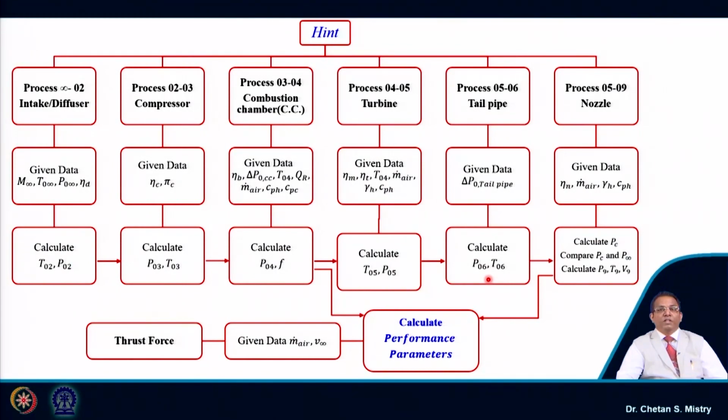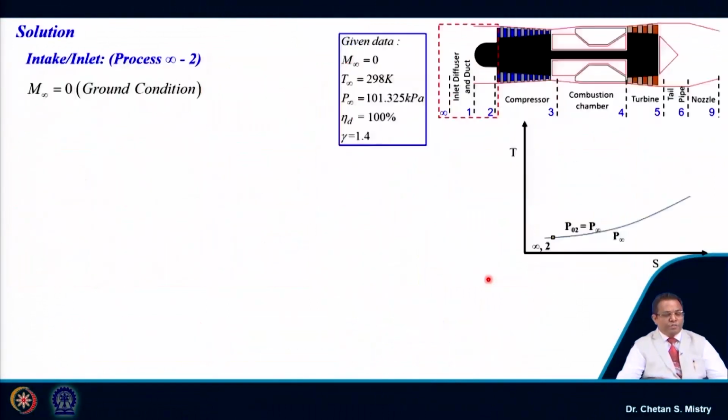Based on all this information, we will calculate the exit velocity from the nozzle as we have discussed. We will calculate our thrust. Then we will calculate our performance parameters like specific thrust, thrust specific fuel consumption, and our efficiencies: thermal efficiency, propulsive efficiency and overall efficiency. Okay, so let us begin.